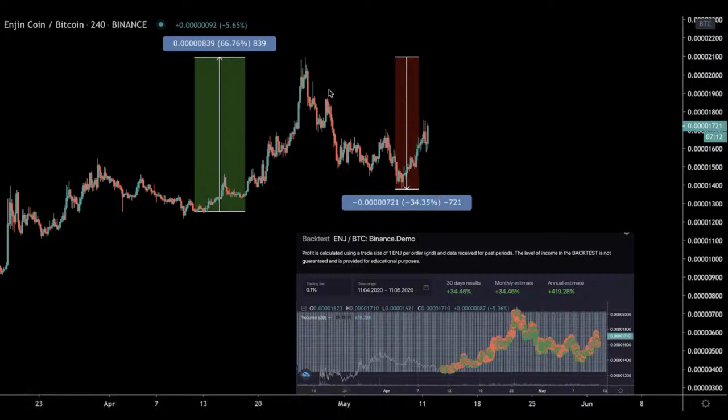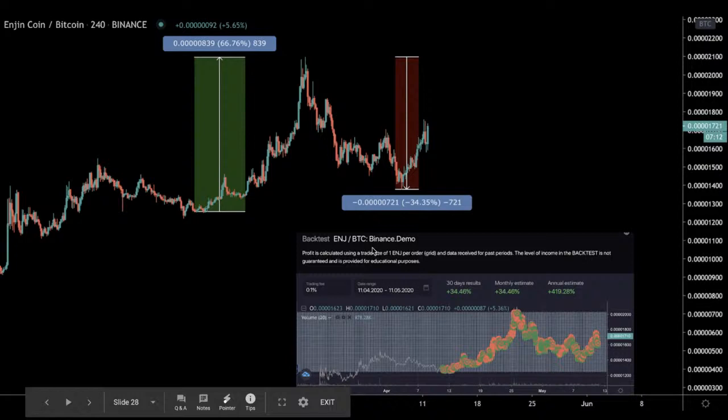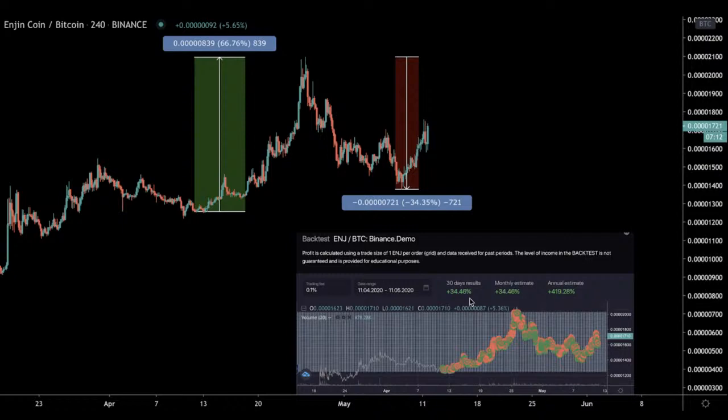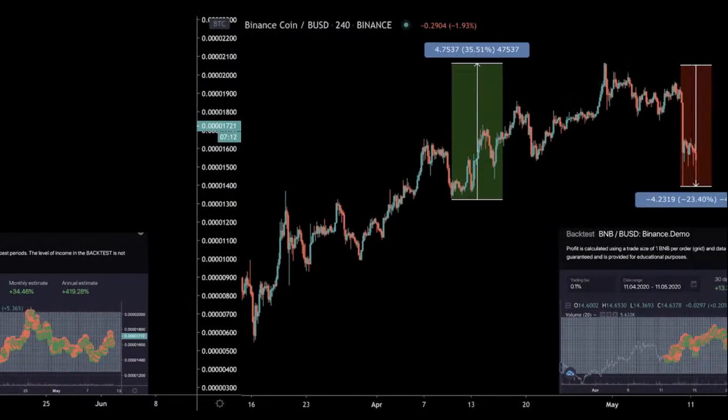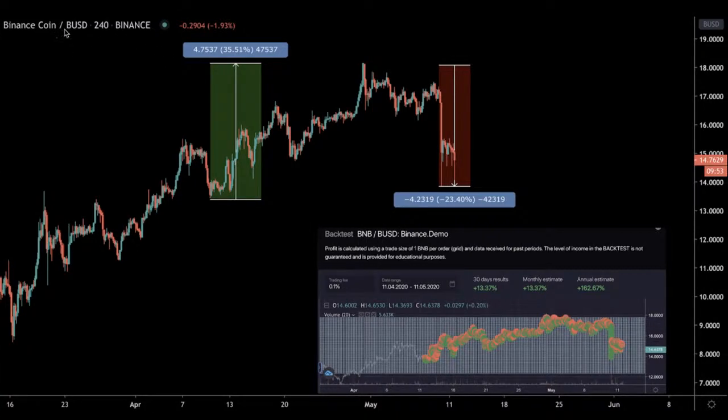And during this period of time, the backtest is telling me that the bot would have made 34% in profit. Another example is BNB trading to BUSD, that's the stable coin.